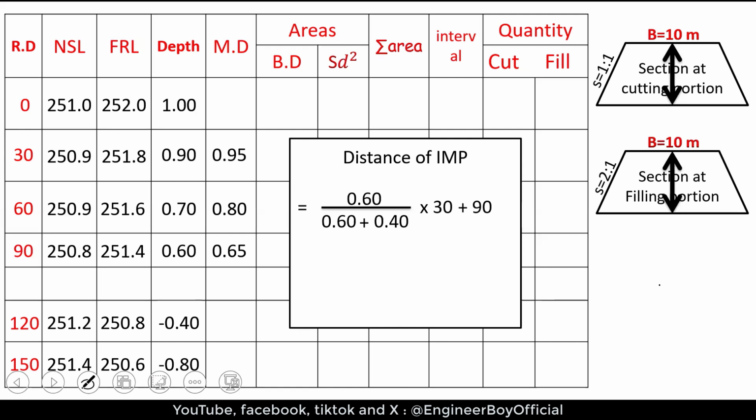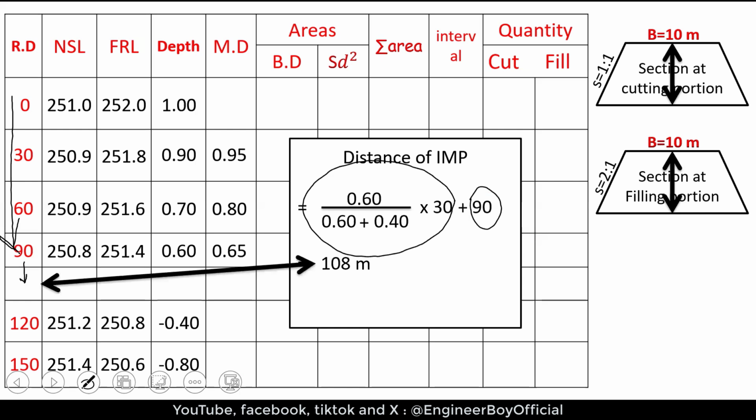Then we will add the last station. Why are we adding the last station? Because if you don't add it, this formula will give me the distance from 90 onward. We are adding the distance up to 90 because we are calculating the intermediate point from point 0. Do some math so you can have the intermediate point. Is it clear now?